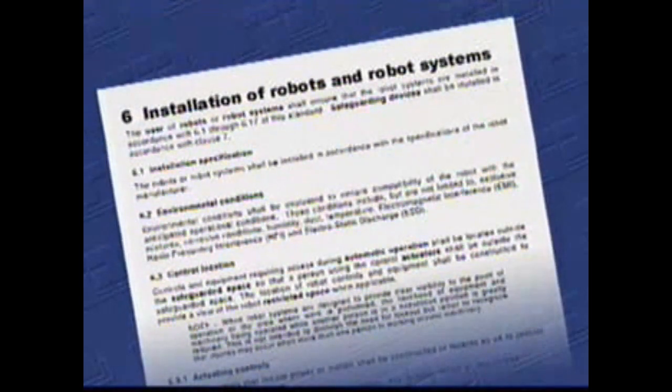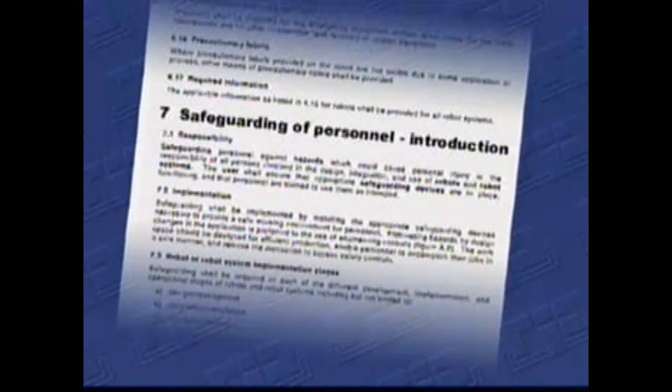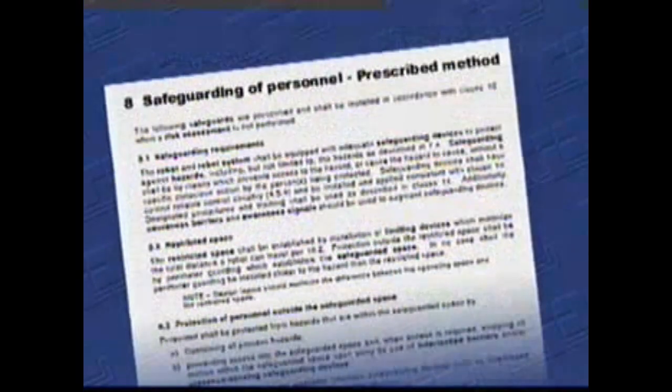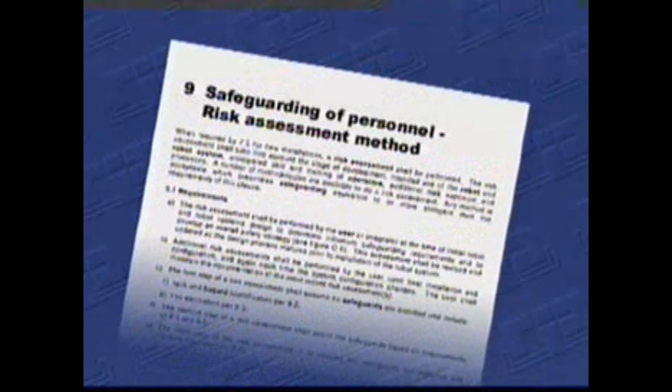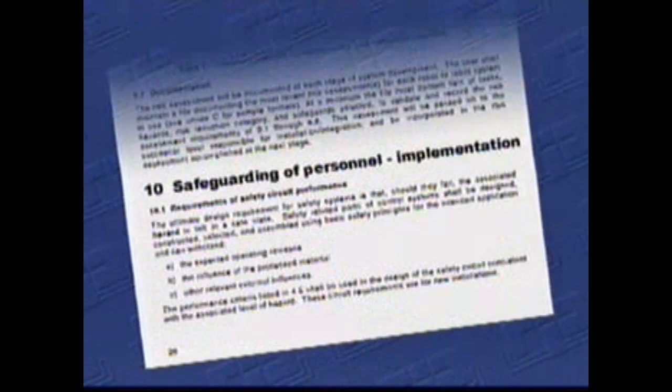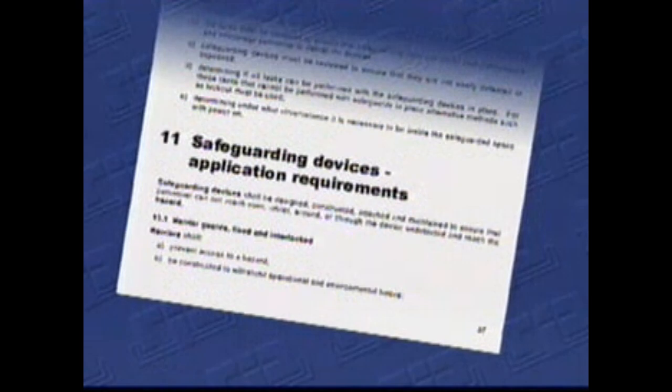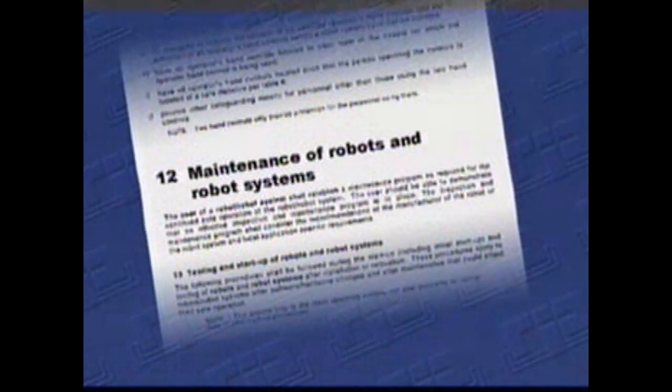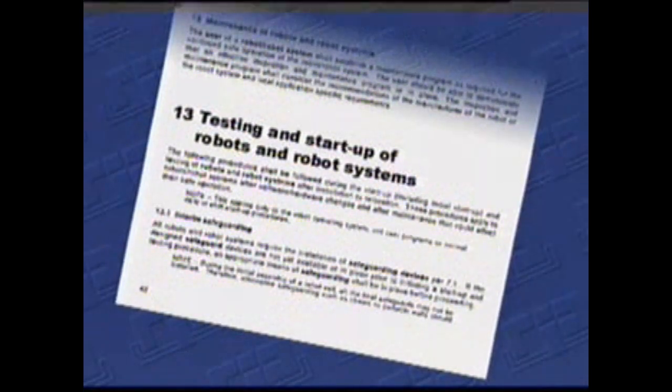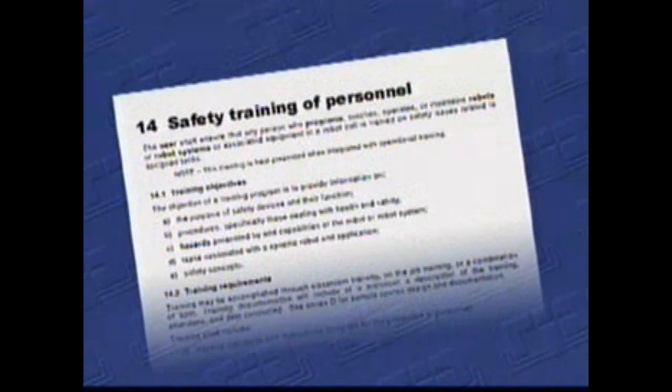Installation of robots and robot systems. Introduction to safeguarding of personnel. The prescribed method of safeguarding personnel. The risk assessment method of safeguarding personnel. The implementation of safeguarding personnel. Safeguarding devices. Maintenance of robots and robot systems. Testing of robots and robot systems, and safety training of personnel.